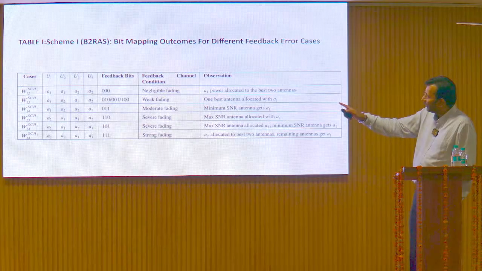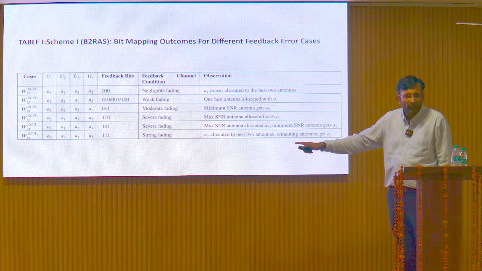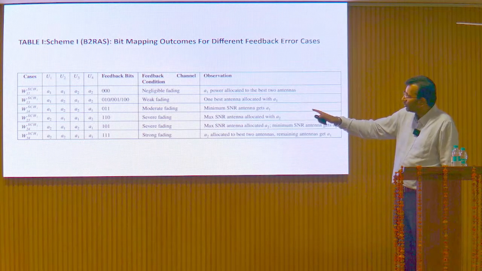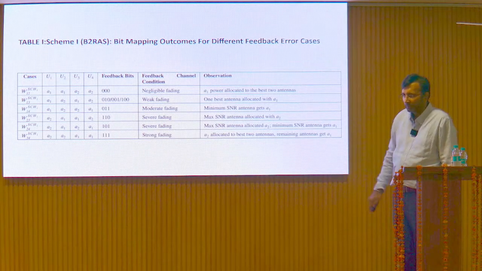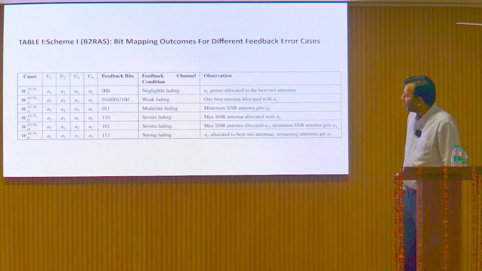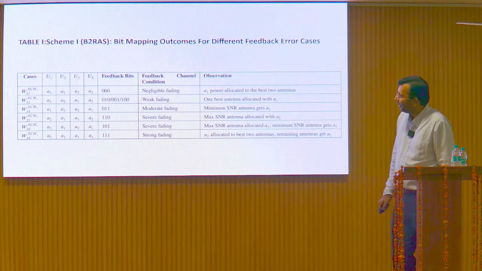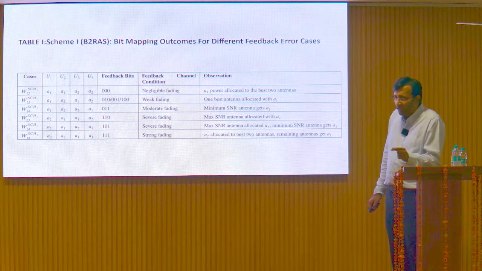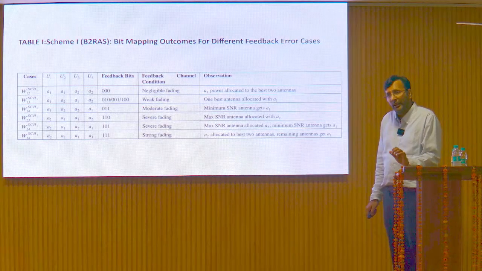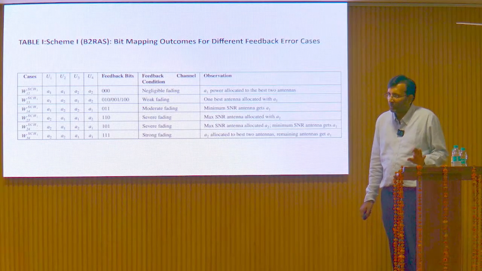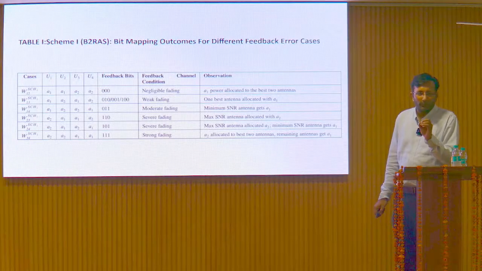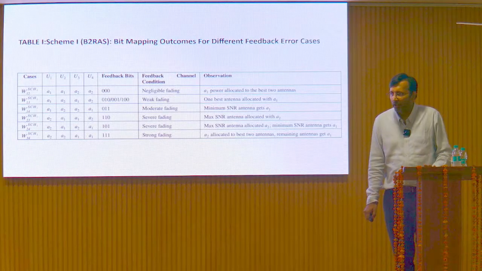Here you can see 0, 0, 0, 0, 1, 0. These are the patterns of feedback bits we have, and accordingly we can choose our precoder. So we choose precoder W12. What does this W12 mean? The first antenna and the second antenna are the best two antennas, and we allocate A1 power to these two antennas.